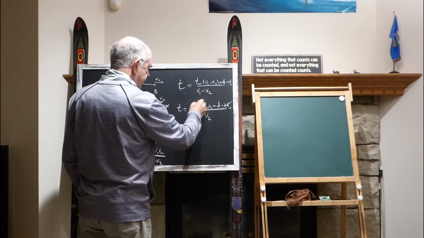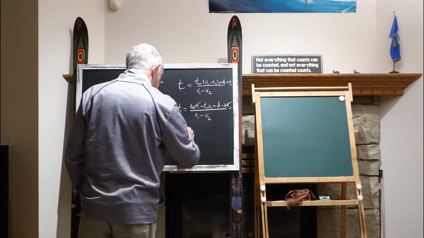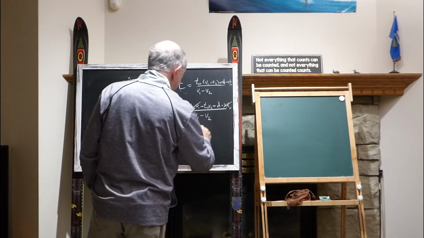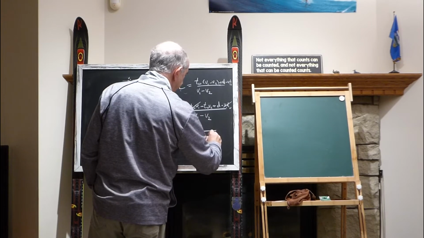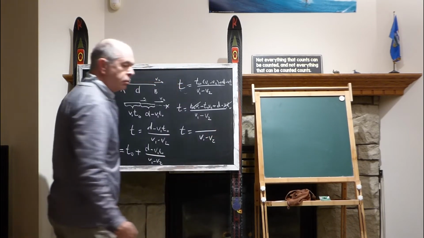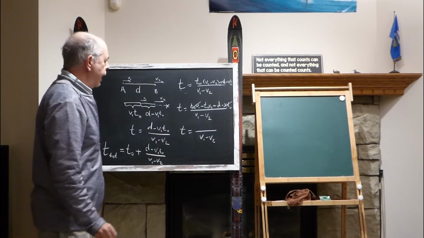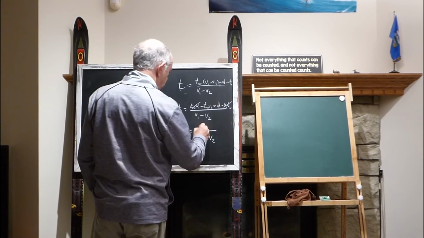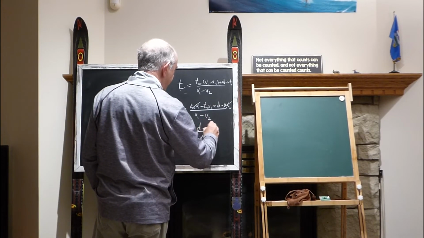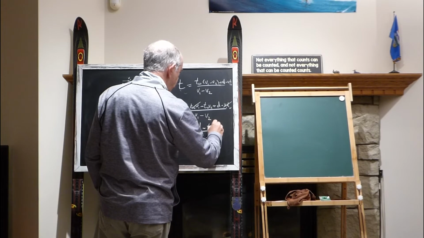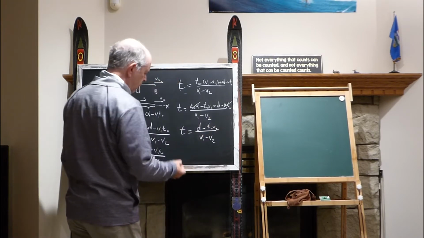This and this are the same, and so this would be the result. T equals d minus t0 v2 over v1 minus v2. And this is the result.